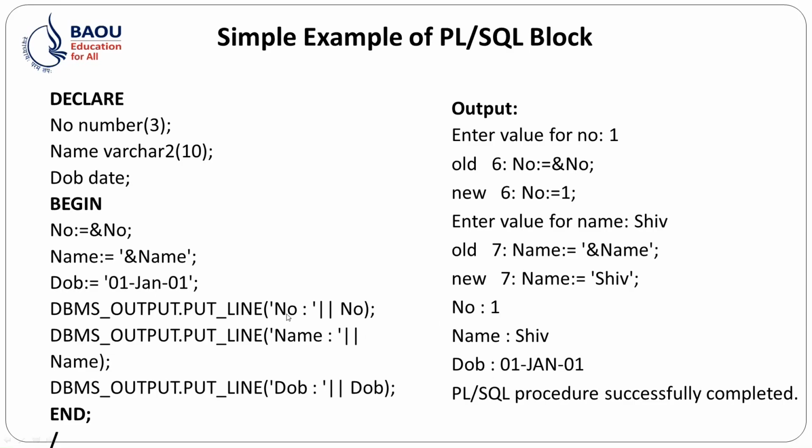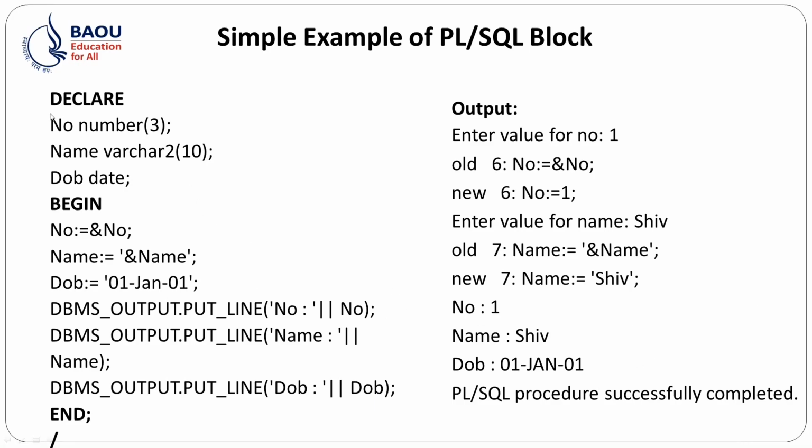In DBMS_OUTPUT, see here, the message number is displayed as it is and the number variable is displayed as 1. Same as name, the message is displayed as it is and the name variable as the entered name, and the message date of birth is displayed, and DOB is used to display the value.